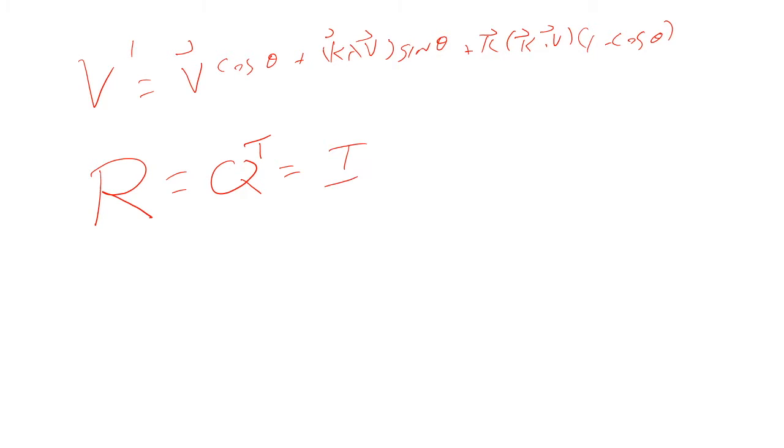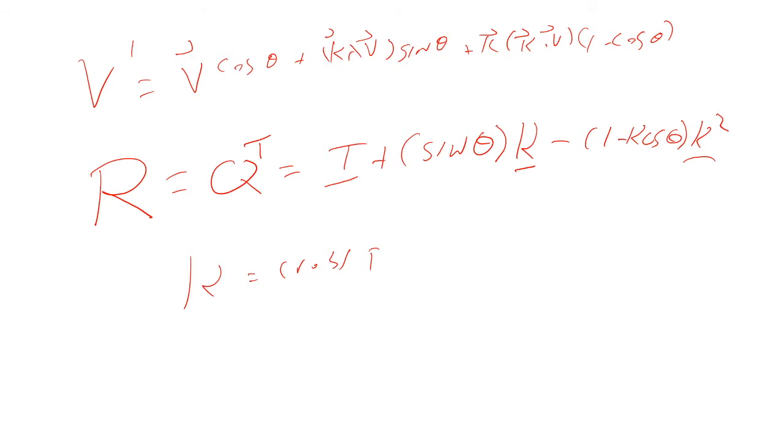This is identity plus sine of the angle times K plus 1 minus cosine of the angle times K squared, where K is this cross product matrix. You can read about it on the Wikipedia page as to exactly how this is defined.